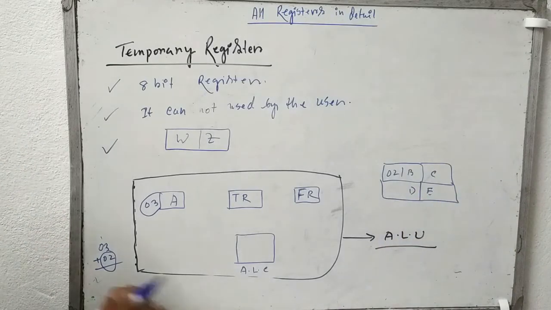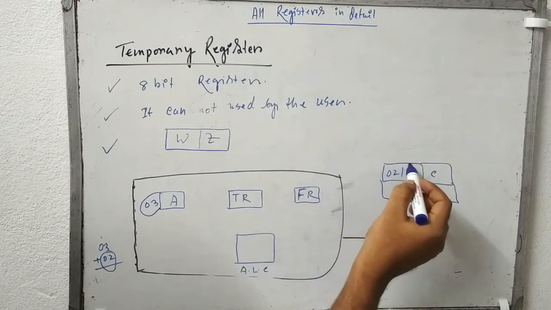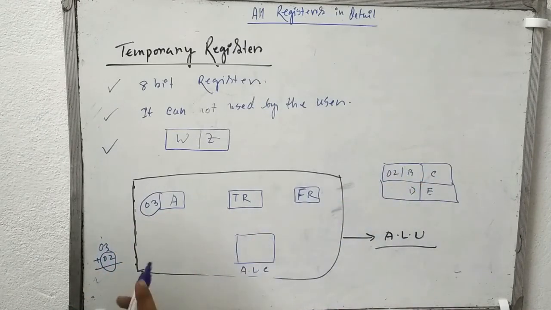So in B, 02 has been stored, and in A, 03 has been stored. Then, when you put the add instruction, after executing that instruction the microprocessor will come to know that it needs to perform an add operation.